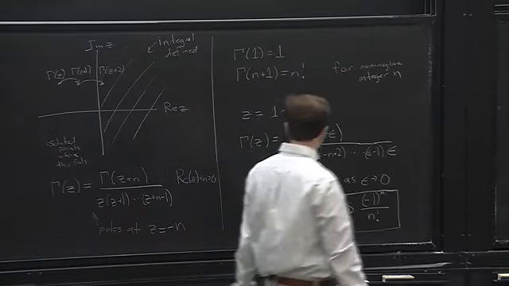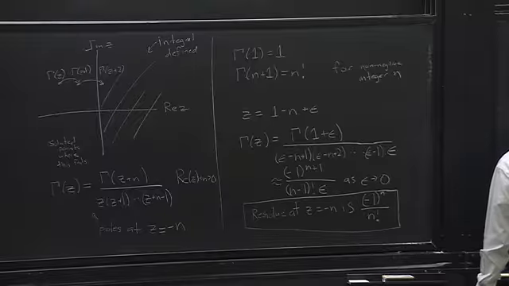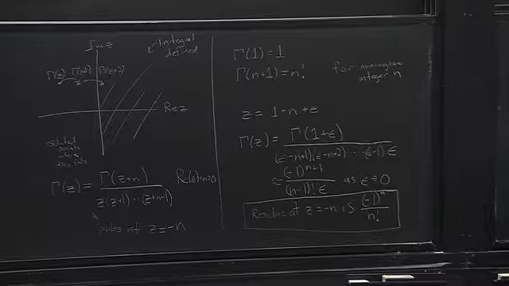And it can be shown, I won't go through it now, that gamma of z has no other poles and no zeros.